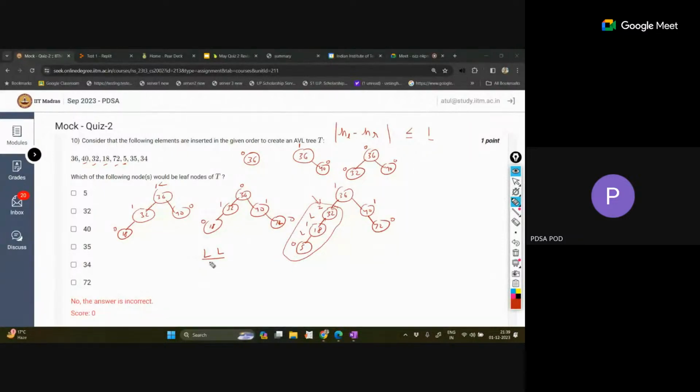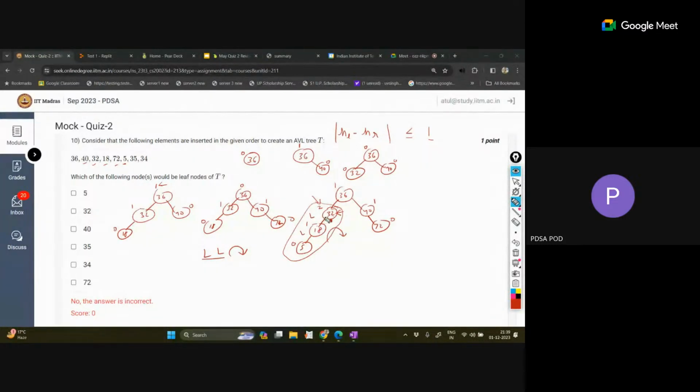In this case, if we are getting this type of case, we always apply the clockwise rotation. So we apply the clockwise rotation on the node 32, which has the balance factor greater than 1. We consider this as a pivot position and rotate it one position clockwise. We will shift all the elements one position in the clockwise direction.